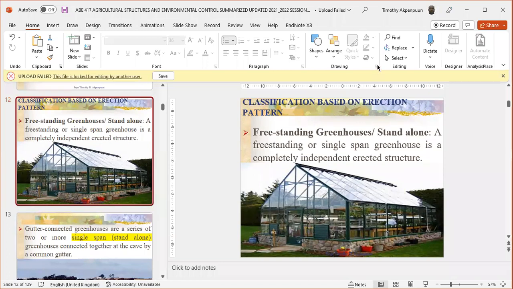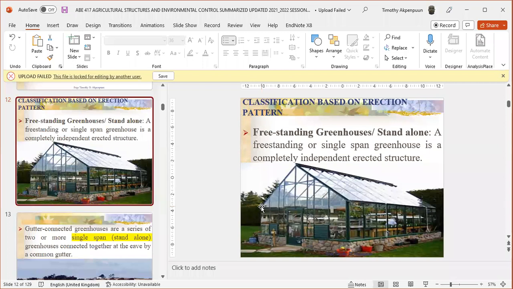So later on we'll be designing for columns. We'll be designing for what? The rafters and the horizontal one. Here, there's a horizontal one running from this pole to the opposite pole. That's a beam.